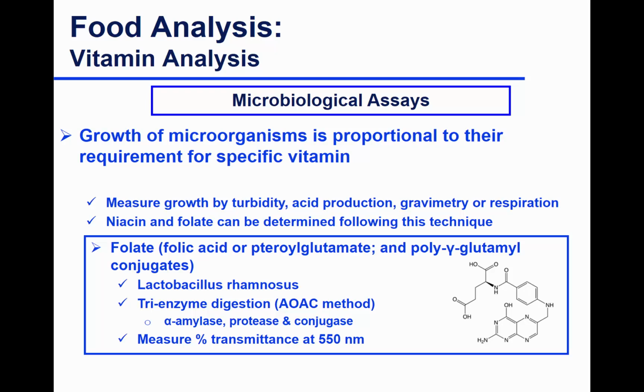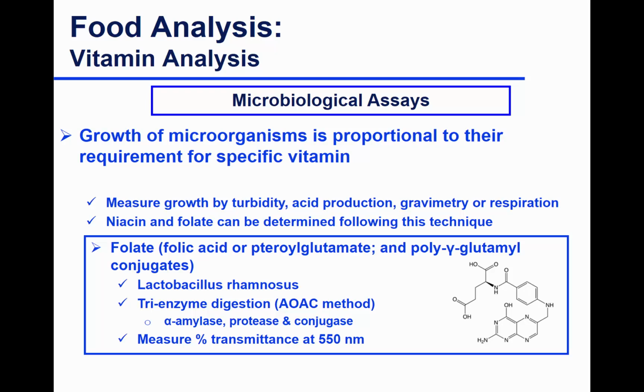If you look at the folate example, folate can be conjugated to multiple units of glutamate, an amino acid. It's also associated with proteins and carbohydrates. So in order to determine it, you would use a tri-enzyme digestion. It's an AOAC method, and alpha amylase will digest the starch, protease will digest the protein, and the conjugase will break off glutamate.